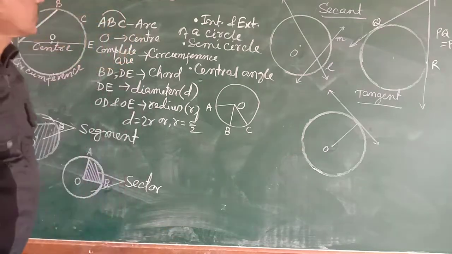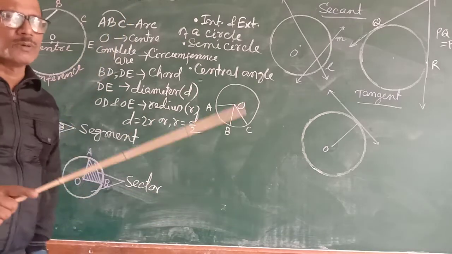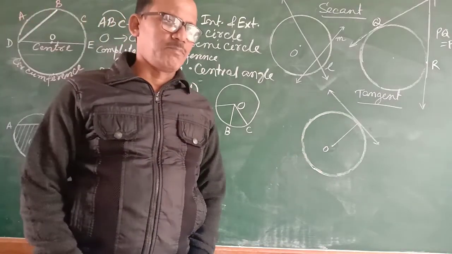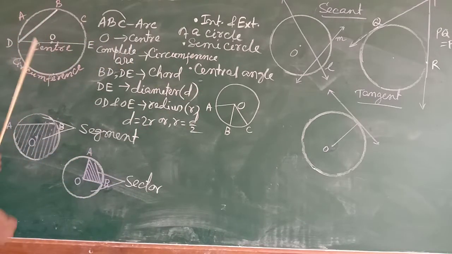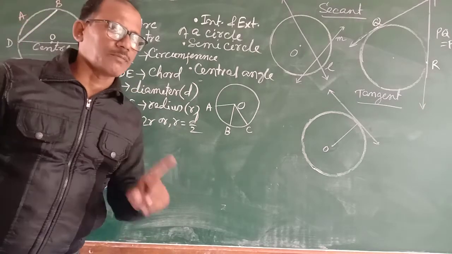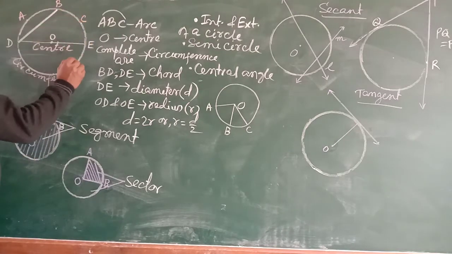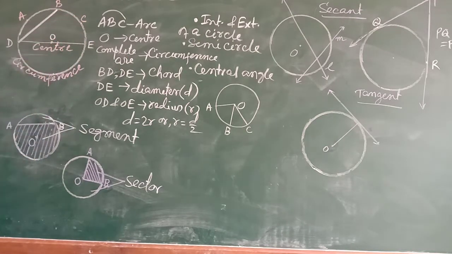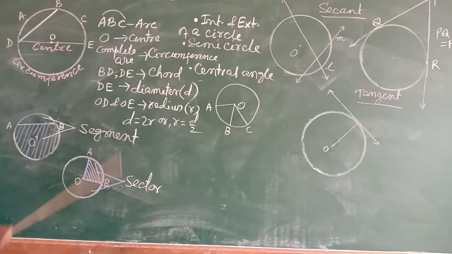Okay, what are the things we are supposed to know? What are the aspects of that? First of all, if we move on to circle, then you must know the definition of a circle. A circle is a closed figure bounded by a single curve, whose all the points are at the same distance, an equal distance, from a point called center.